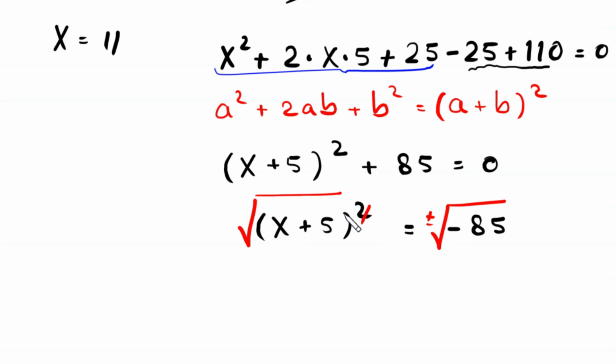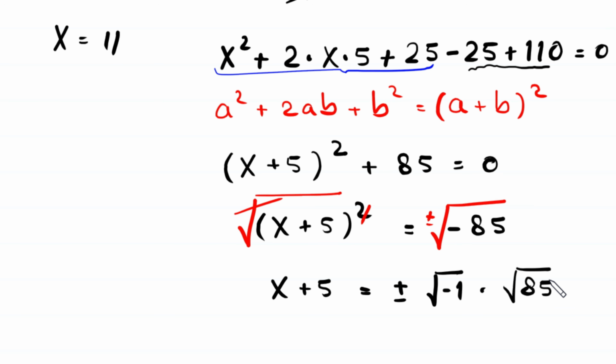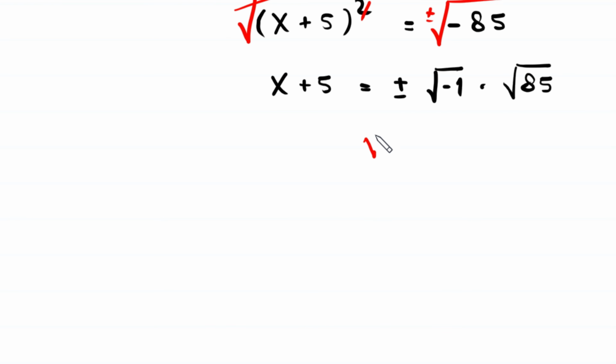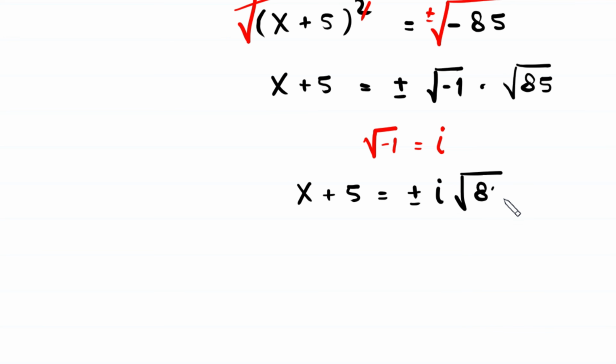This square will be cancelled out with the square root and left hand side will become x + 5 equal to plus or minus root of negative 85, which can be written as root negative 1 times root 85. Since root negative 1 equals i, this will become x + 5 = plus minus i times root 85.